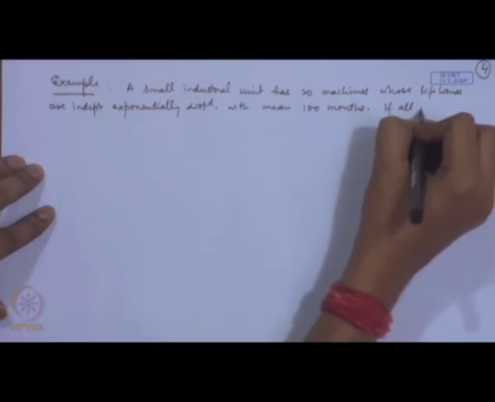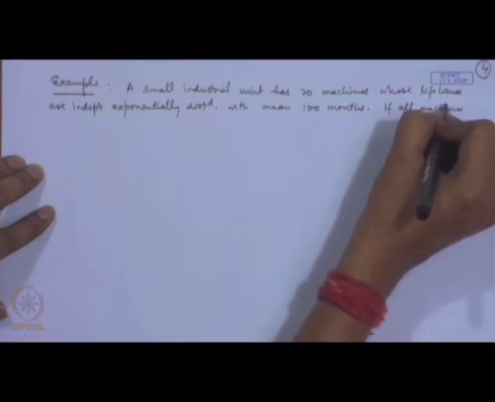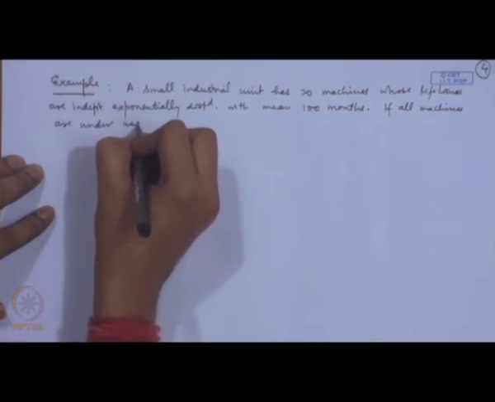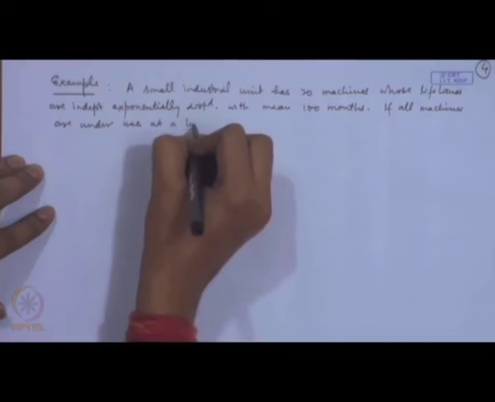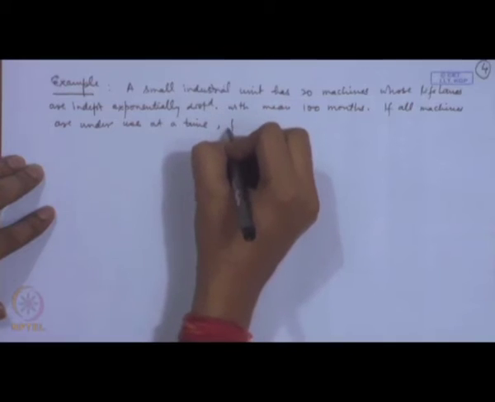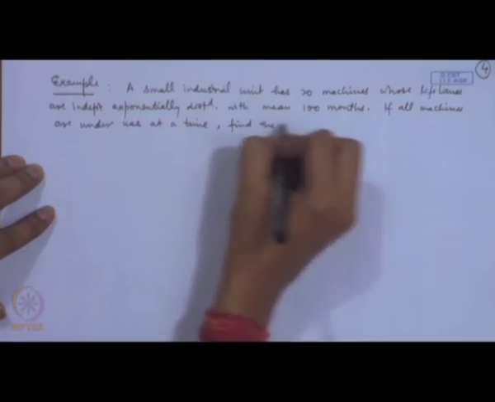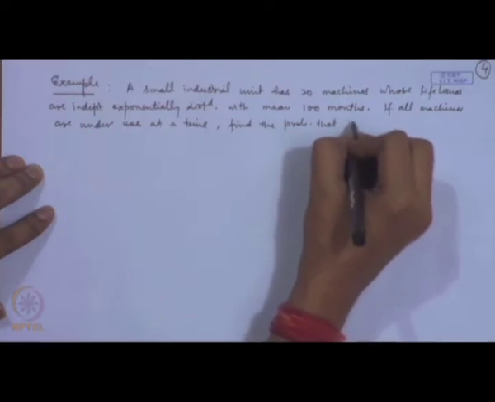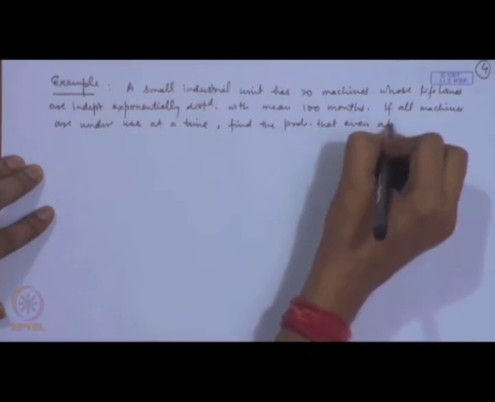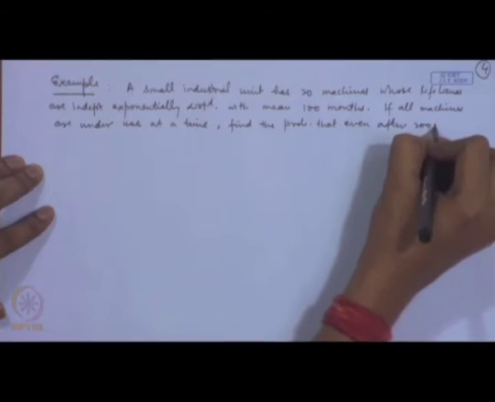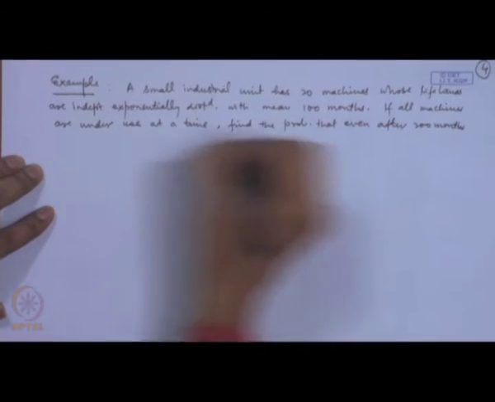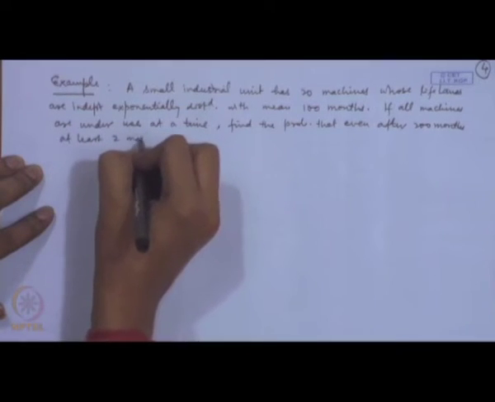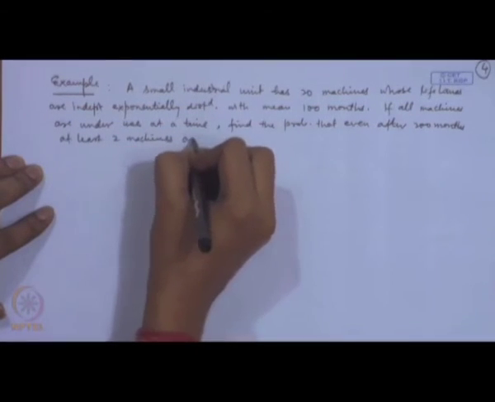If all machines are under use at a time, find the probability that even after 200 months at least 2 machines are working.